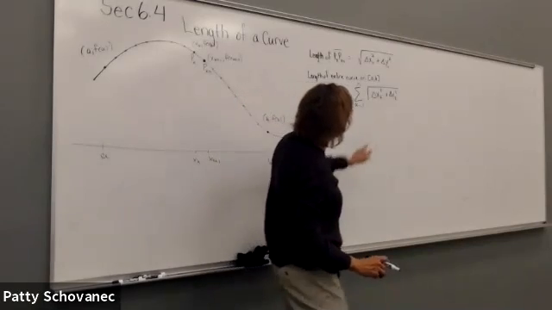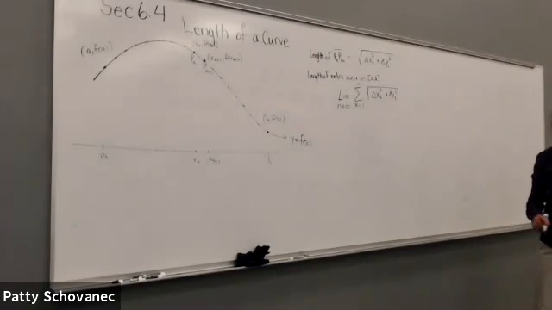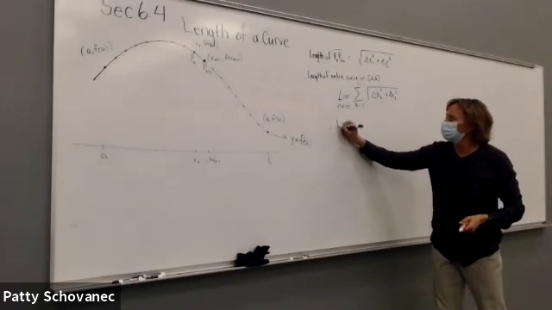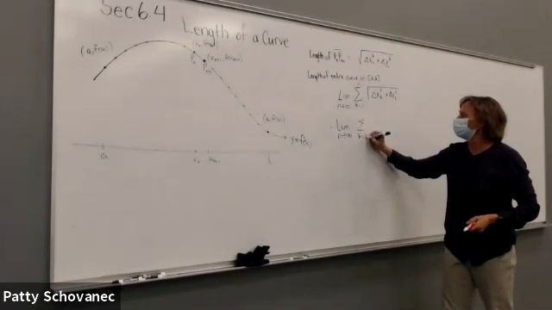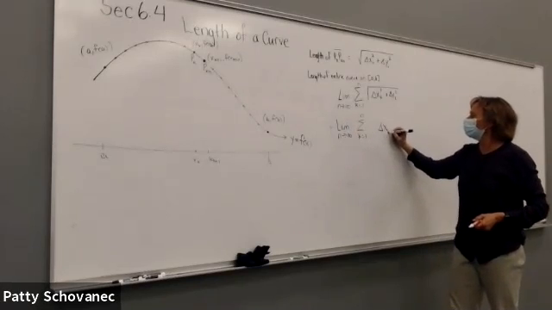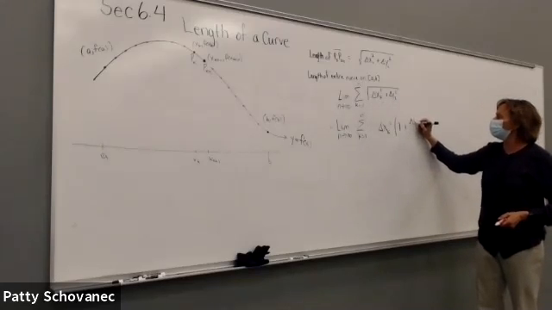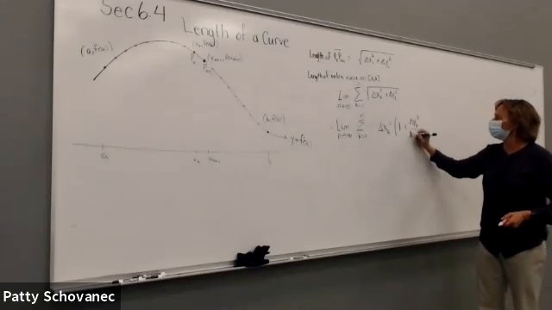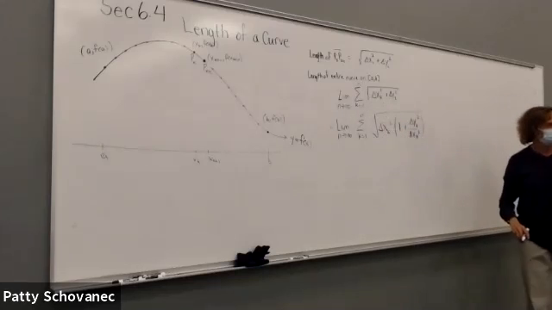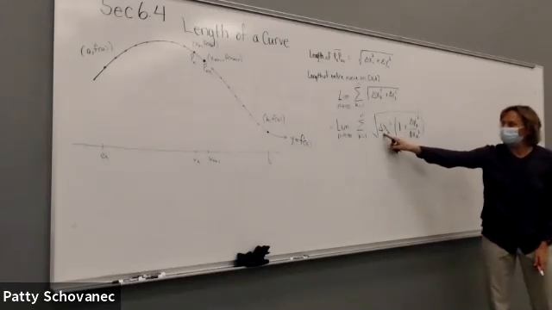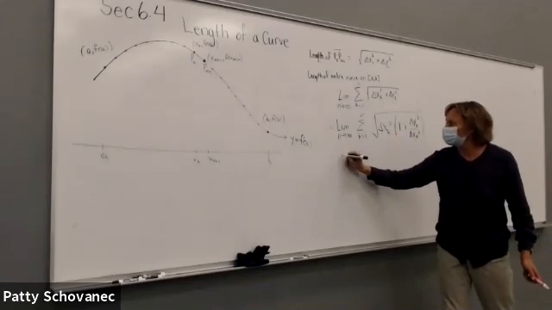The way I do that is I'm going to factor out the delta xk squared from those two terms under the radical sign. That'll leave me a 1 in that slot and a delta yk squared over delta xk squared here. Then I can take the square root of that, and it comes out here as a delta xk to the first power.